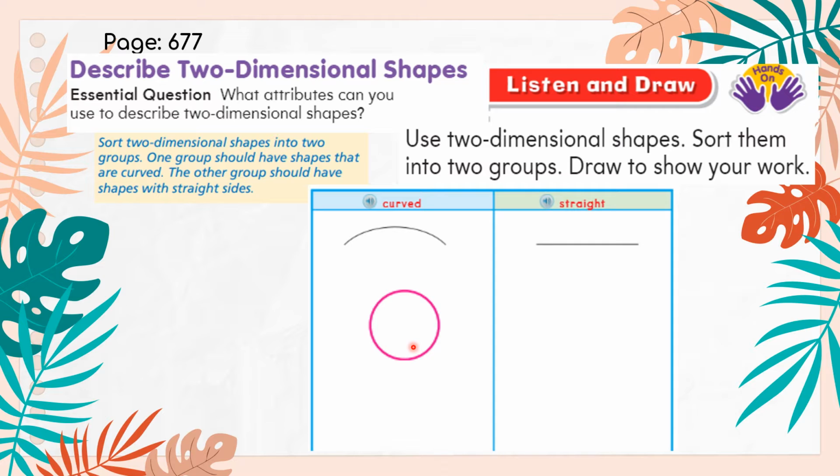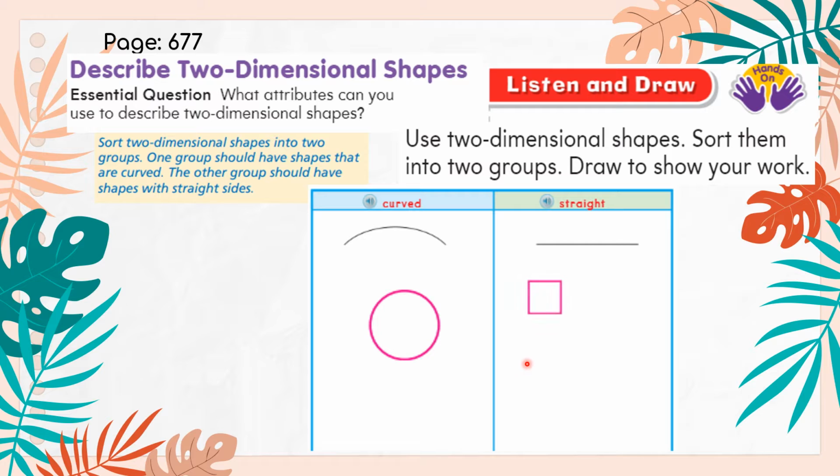Very good. Bravo for everyone who was able to guess the shape. So if you see the circle, it's all curve, curve, curve. There's no straight line in a circle. Now, which shapes can we draw which have only straight lines? And remember, we are talking about two-dimensional shapes here.